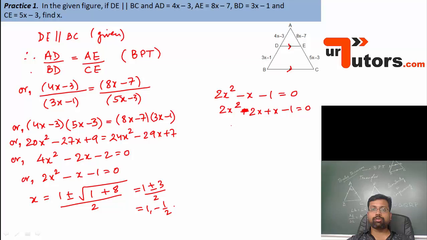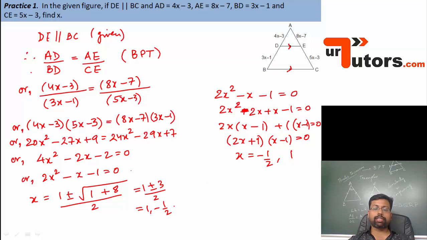Minus 1 is equal to 0. So you have 2x common, x minus 1 plus 1 into x minus 1 is equal to 0. So you have two factors, 2x plus 1 and x minus 1 equal to 0. So you get x is equal to minus half or x is equal to 1, which is what you will get when you use the quadratic formula also.